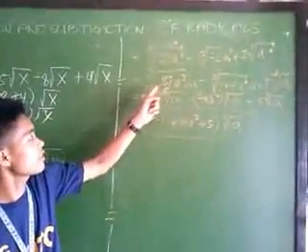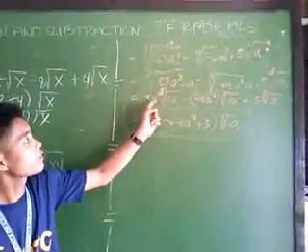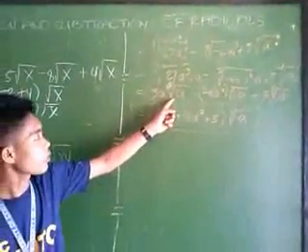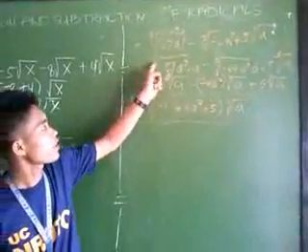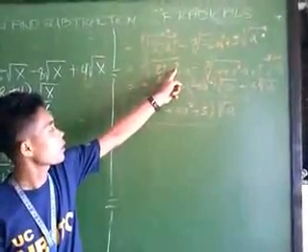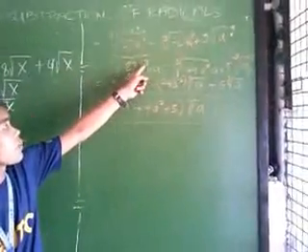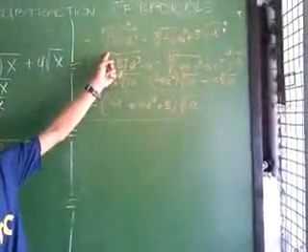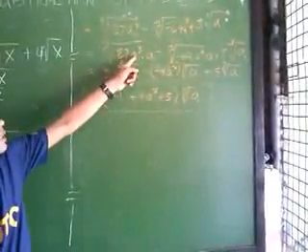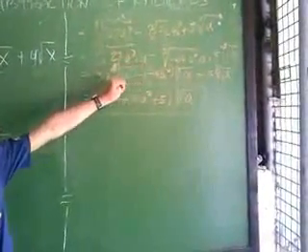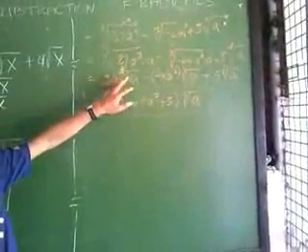Since it is perfect, we simply get it out of the cube root. And then the result of this one, 3a, because the power of a here, which is 3, we simply divide by the index, which is 3, and then the result is only 1. But since it is a, we cannot only write 1, so we will write a.